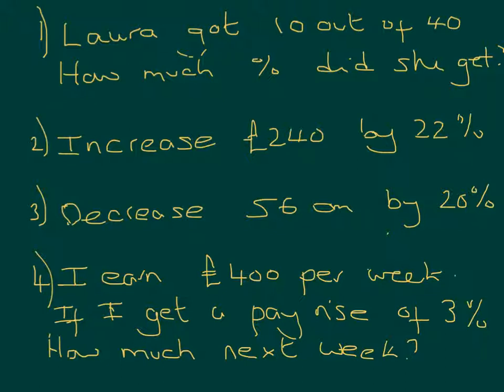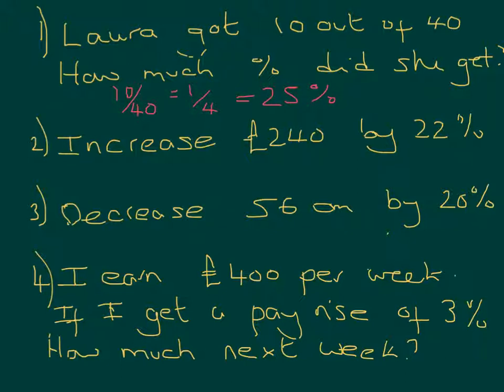Okay, well, number 1, 10 out of 40. Well, that can go down to 1/4. And 1/4 is 25%. So we should have got 25% for that one. Number 2, increase 240 by 22%.